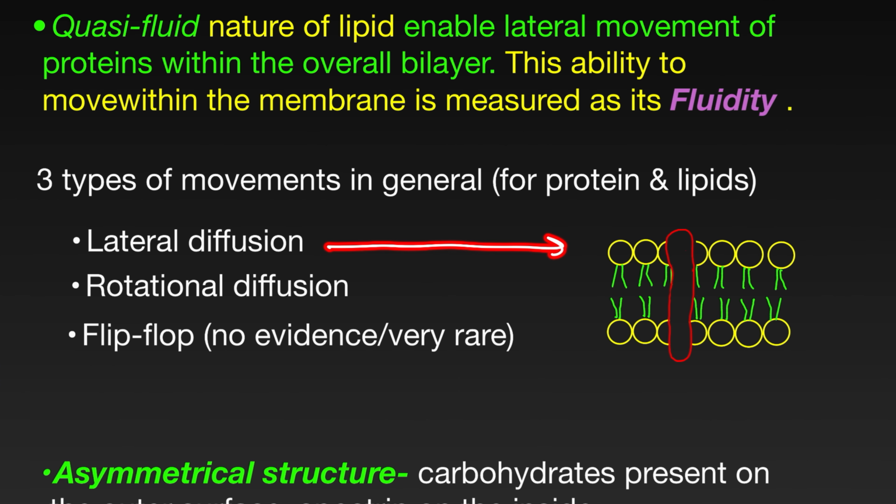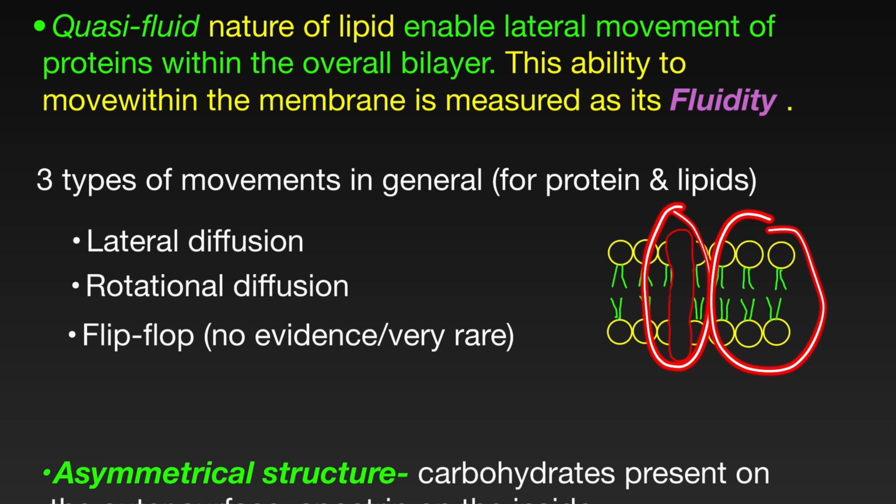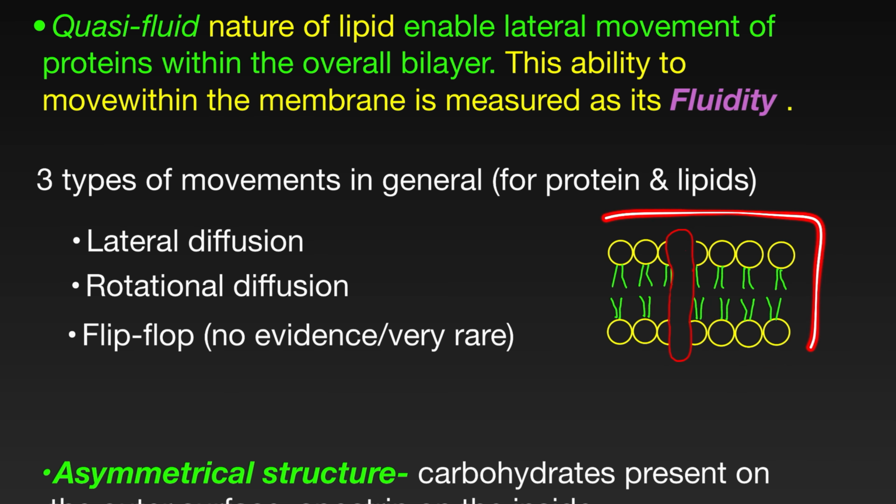In lateral diffusion, consider the phospholipid molecules arranged in a bilayer, and an integral protein buried in the phospholipid bilayer. So in lateral diffusion, these proteins and lipid molecules move laterally across the membrane.